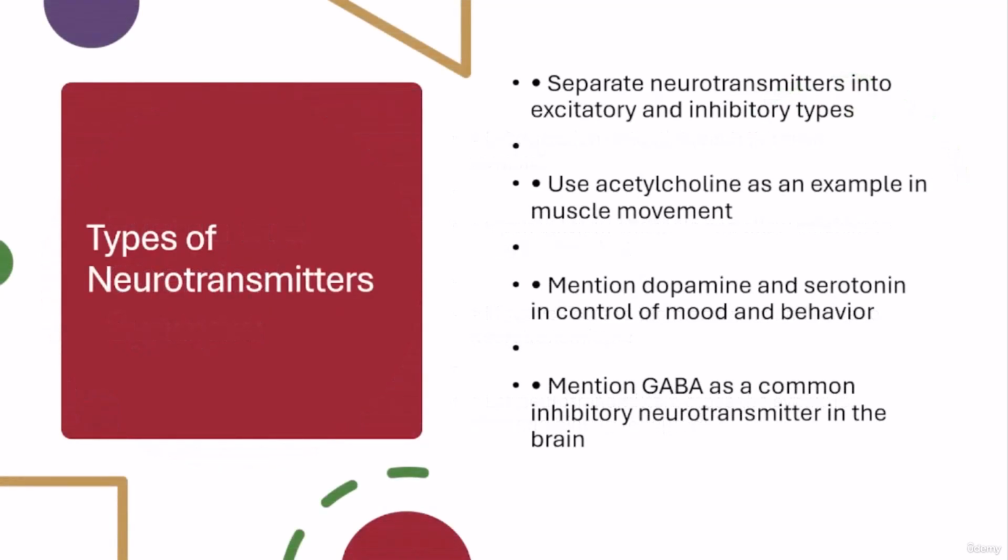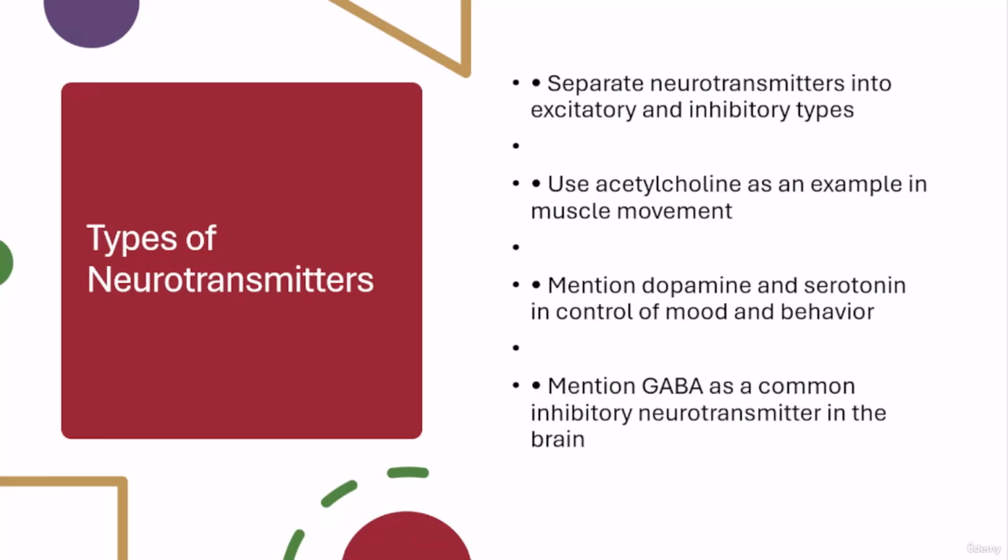There are many neurotransmitters in the body, and each one has a specific role, and some are excitatory, meaning they encourage the next cell to send a signal, while others are inhibitory, meaning they reduce the chance of a signal.